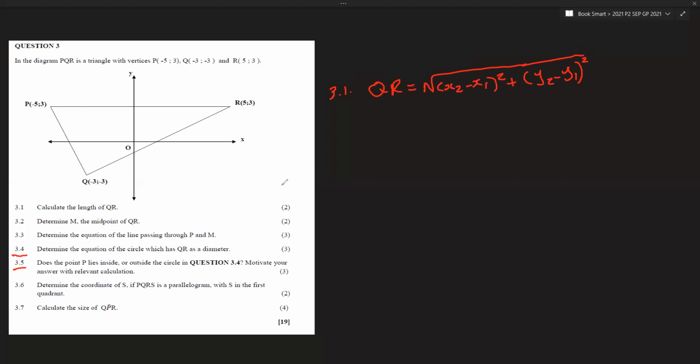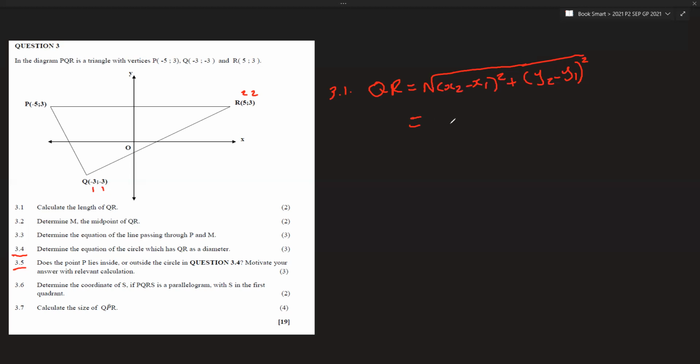Now we're going to substitute. My Q, I'm going to call it 1, 1, and then my R, I'm going to call it 2, 2. Remember, a point, X is always first, followed by Y. Any point that you're given on a Cartesian plane, X first, Y after.